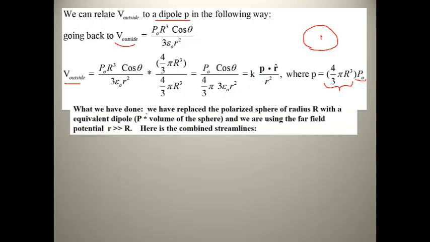So what have we done? We've replaced the polarized sphere of radius capital R with an equivalent dipole, capital P times the volume of the sphere. Remember, we're using the far field potential, which is R much larger than capital R.